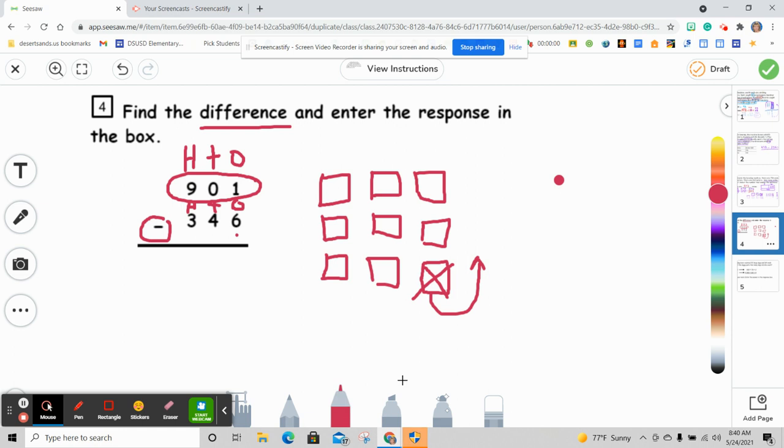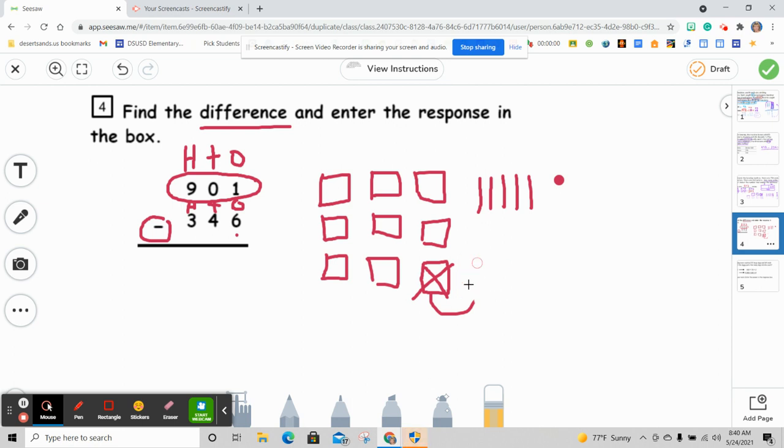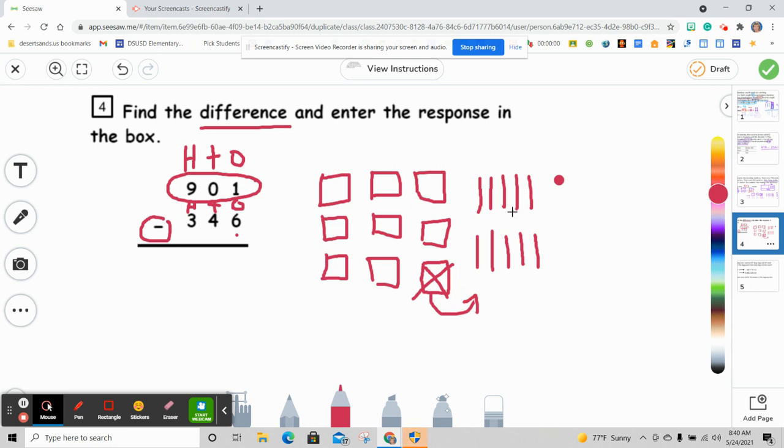So how many tens does 100 make? 10, 20, 30, 40, 50, 60, 70, 80, 90, 100. So I moved the 100 into 10 tens. Now I can regroup one of the tens too, so that I can take away 6 ones because I only have 1.